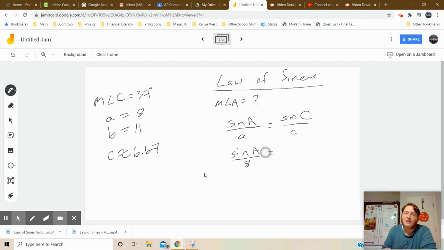And again, this is going to be approximately equals because we've estimated this number. Sine of 37 degrees in ratio to 6.67. Because 6.67 is just a little less than 8, that means that angle A is going to be in the vicinity of 37 degrees, but not quite.